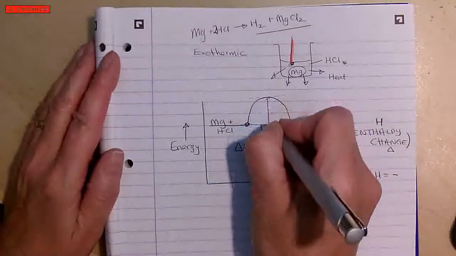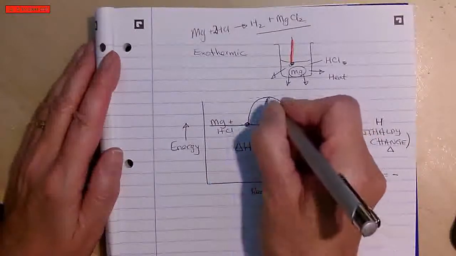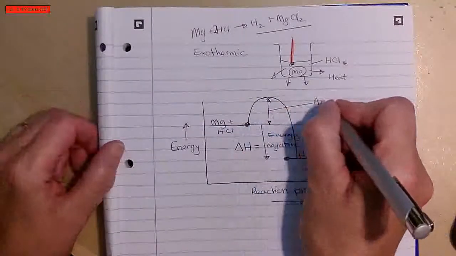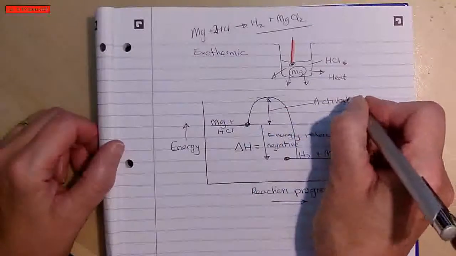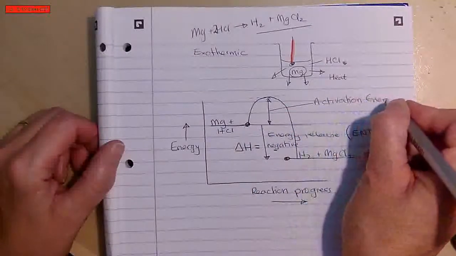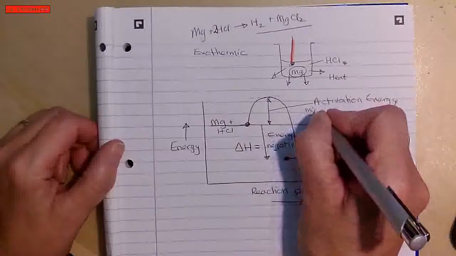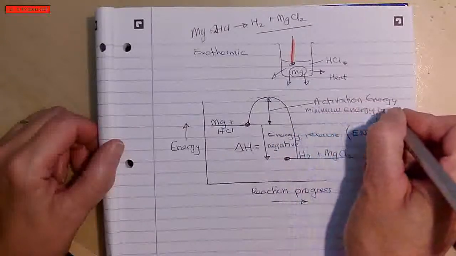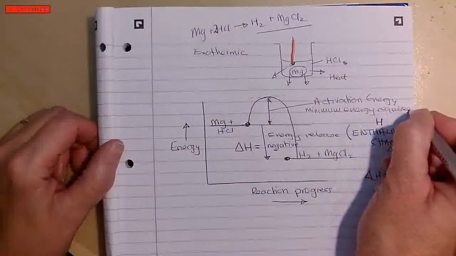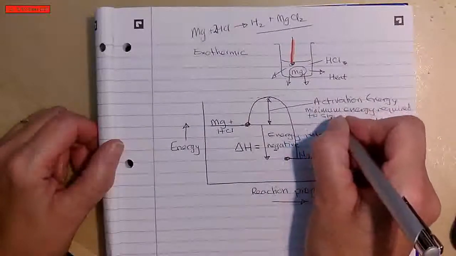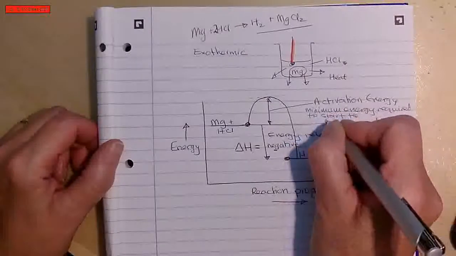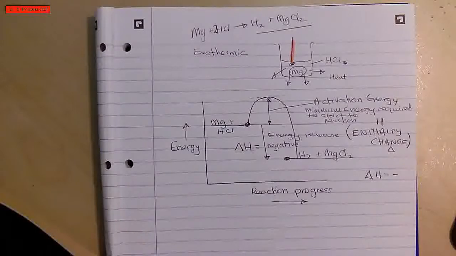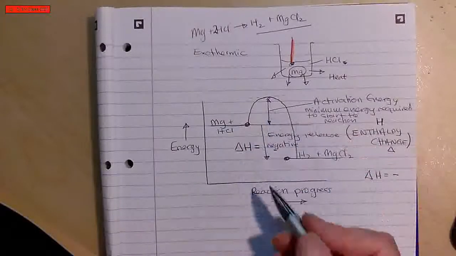So then it comes down like this. What we've got here is the energy that we need to break those bonds, and we call that the activation energy. That's the minimum energy required to start the reaction, and it's equal to the bonds breaking.